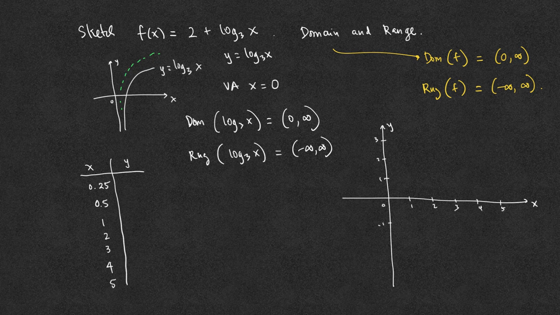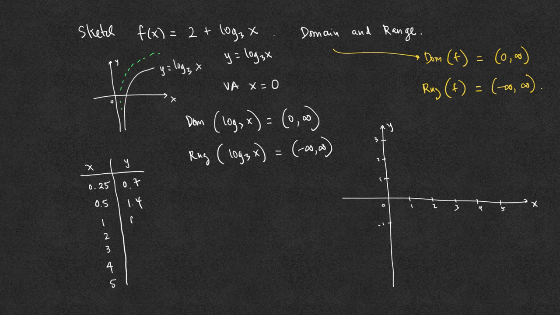When we plug 0.25 into the function f of x by replacing x with 0.25, we have 0.7. Use a calculator. When we substitute 0.5 into f of x, we will get 1.4.